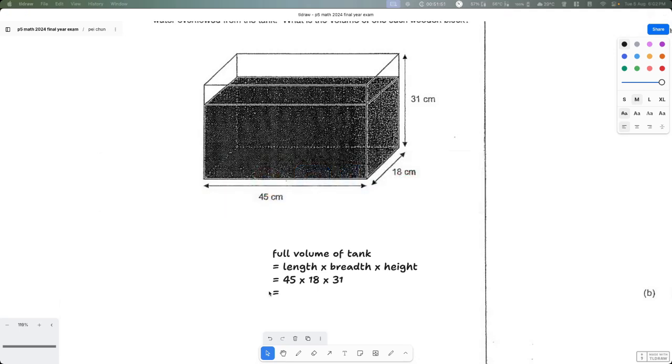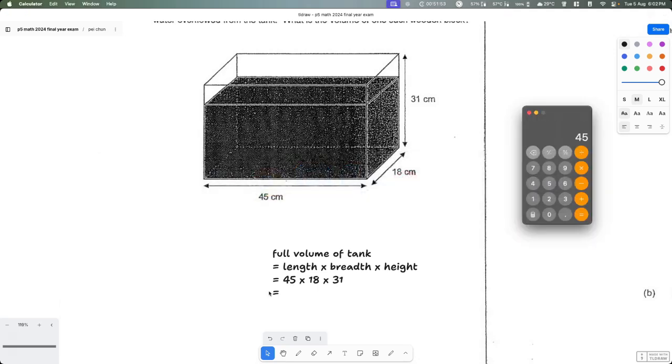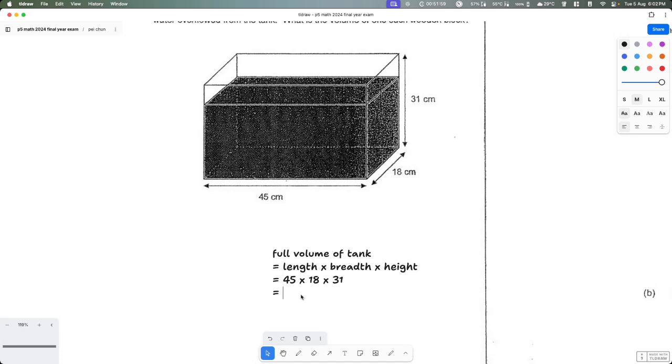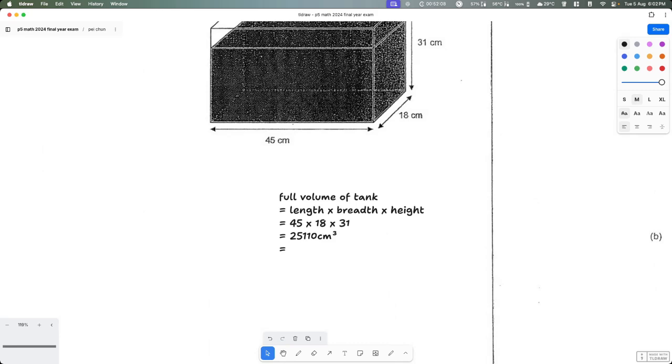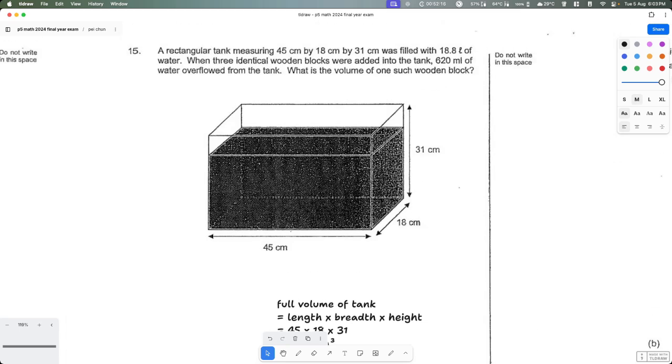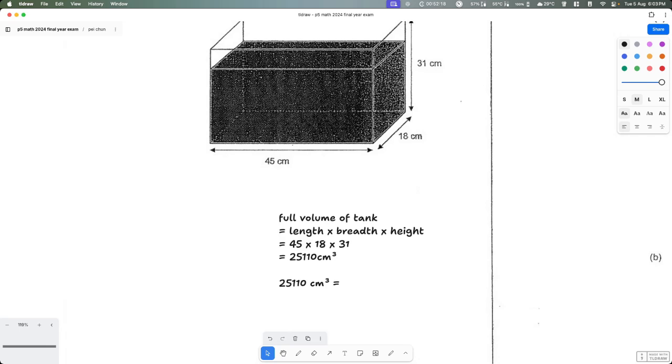Okay, let's use the calculator in this case. So 45 multiplied by 18 multiplied by 31. This will give us 25,110 centimeter cube over here. Okay, so let's convert this into liters. Actually no need.